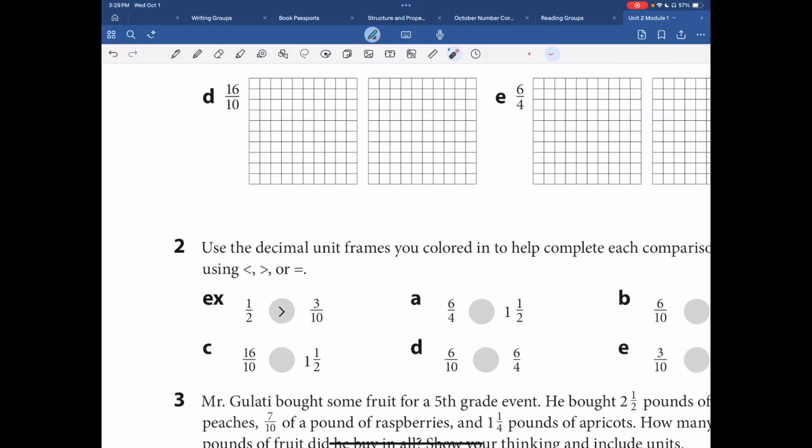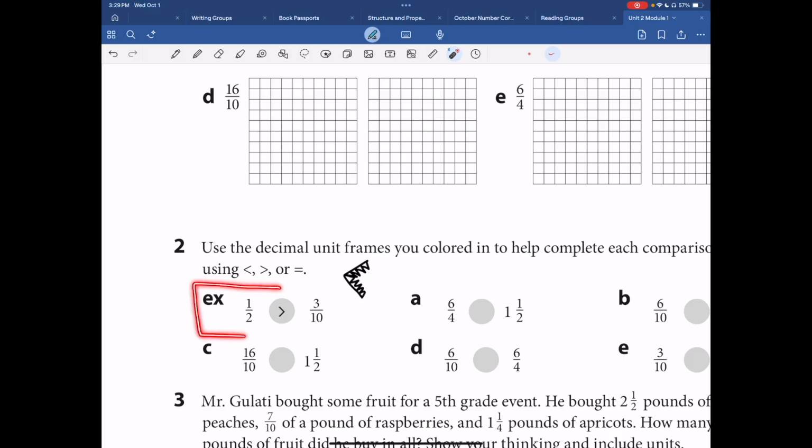I always think about it like an alligator, so that your greater than or less than sign, or alligator, always wants to eat the larger number. But if they're equal, make sure you put that equal sign. So it needs to be facing the greater number.